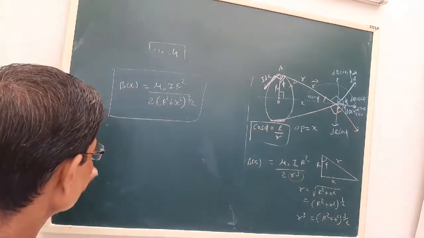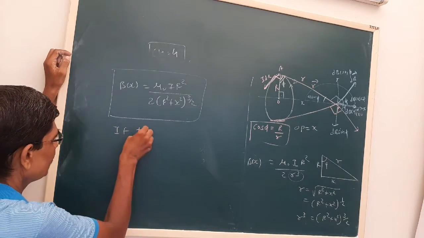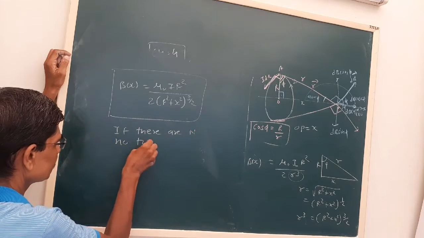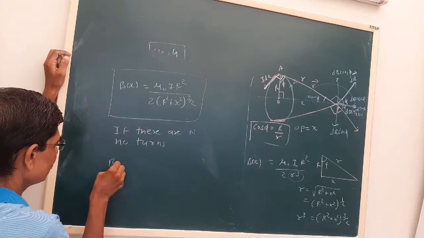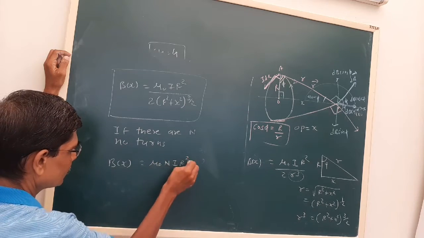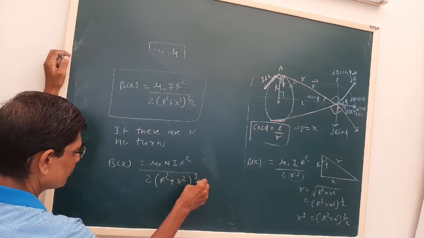Now suppose there are n number of turns. If there are n number of turns, then the equation will become Bx is mu0 n I R squared upon 2 times R squared plus x squared raised to 3 by 2.